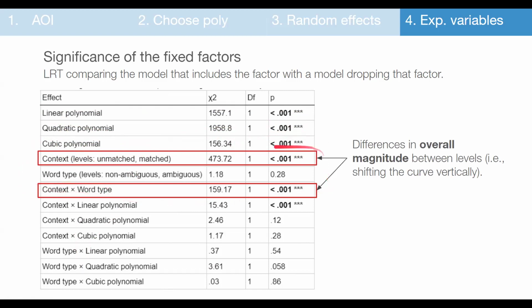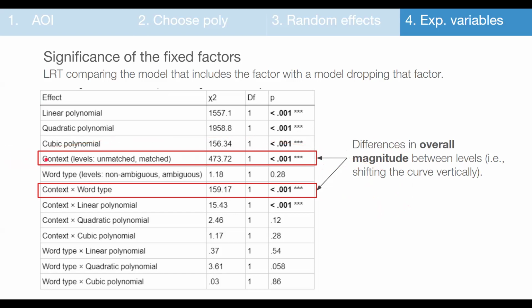And in terms of interpretation, this means that there are differences in the overall magnitude between levels. So this is the intercept. But since the polynomials are orthogonalized, these are not differences actually in the intercept, but rather in the overall mean of the whole curve.